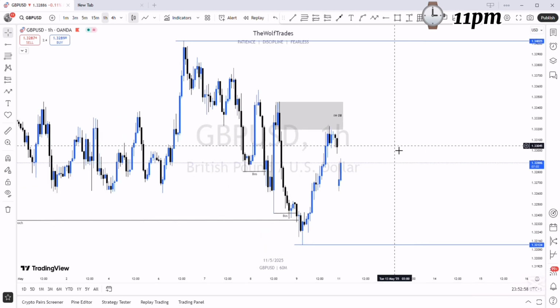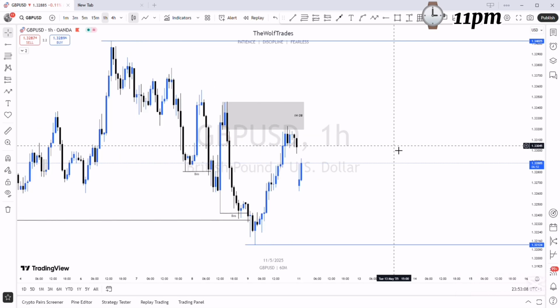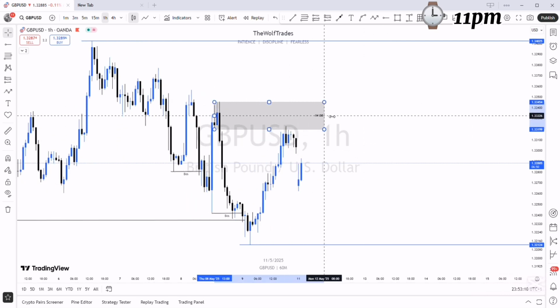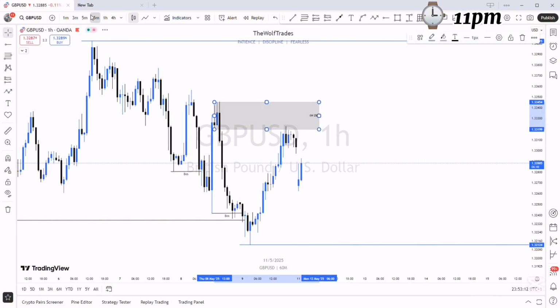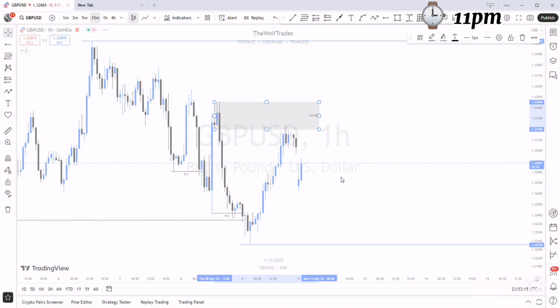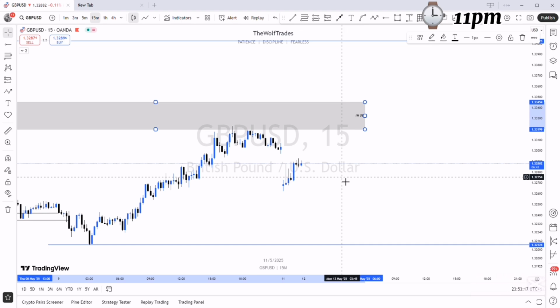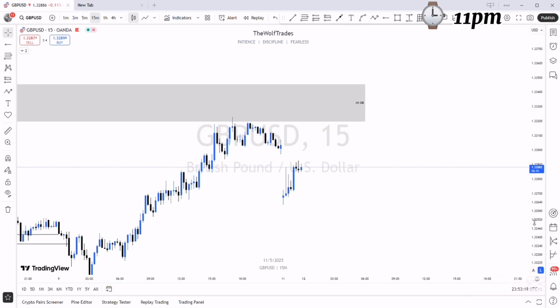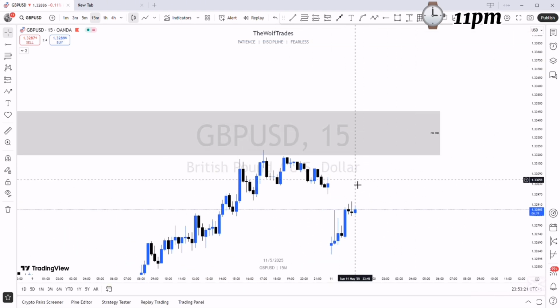And also I already have a trade on GBP/USD, and price is approaching that zone already. So that's the high. Price has already tapped into my high, so I scroll down to the lower time frame.